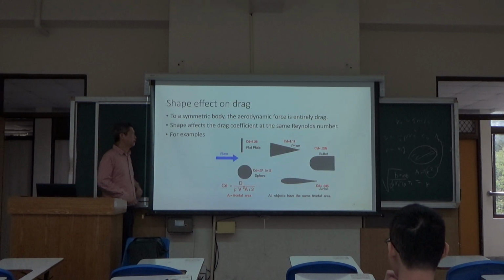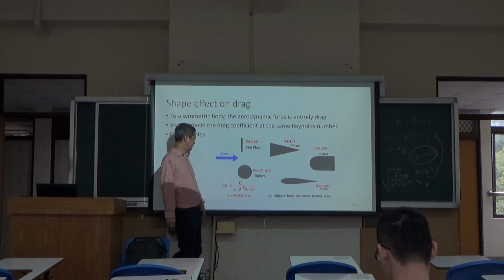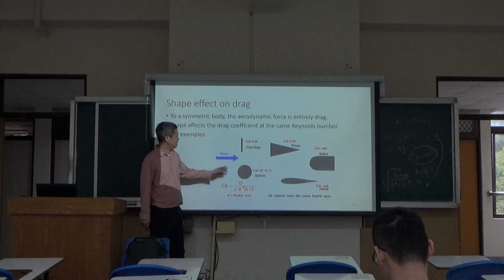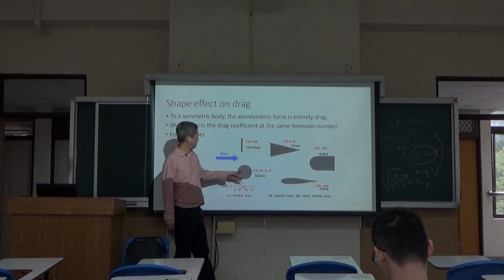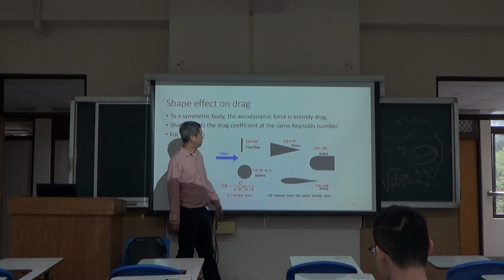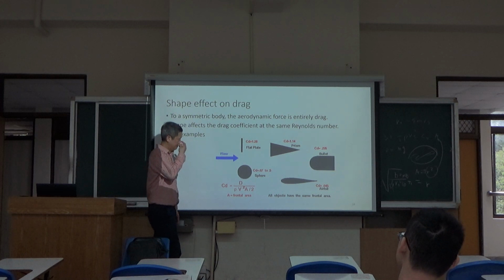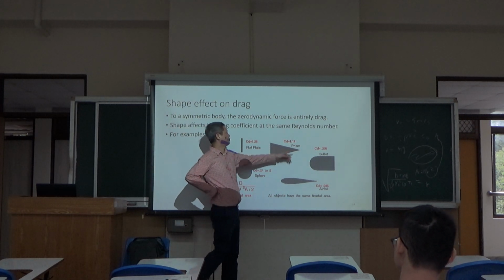To sum up, what is the total drag? You can use the definition of the drag coefficient, where A is the frontal area. For a sphere, the CD is up to 0.5. For a prism shape, the drag coefficient could be 1.14.